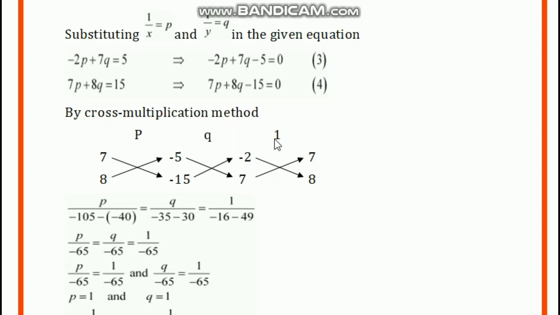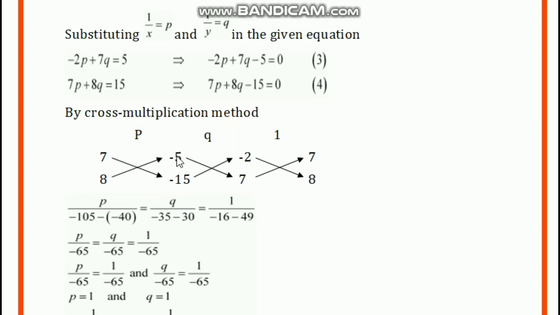p, q, 1. Okay, actually these are the variables. Start with the middle term: 7 and the constant is minus 5. The numerical coefficient of p is minus 2 and the coefficient of q is 7. The same thing we are going to take for the second equation: 8, minus 15, 7 and 8. Okay, then do the cross multiplication. 7 into minus 15 is minus 105, then minus of minus 40.